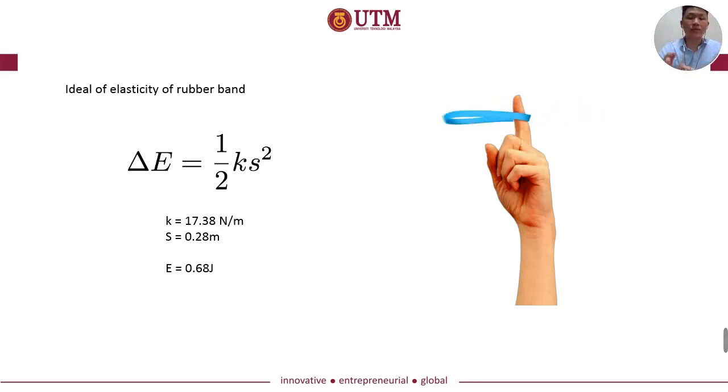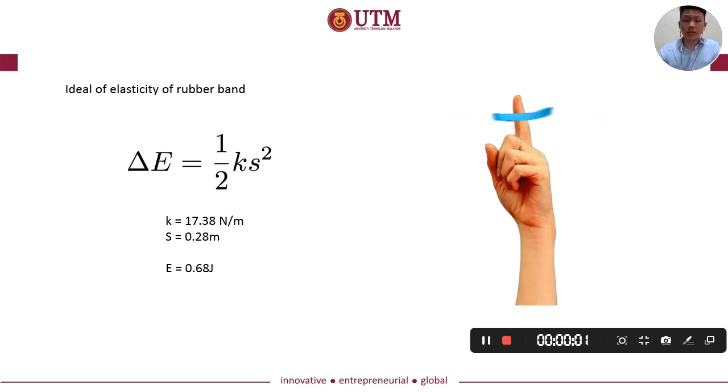In this case, we found that the rubber band spring constant is 17.38 Newton per meter, and our wingspan is around 0.28 meter. So the energy stored in one rubber band is 0.68 joule.